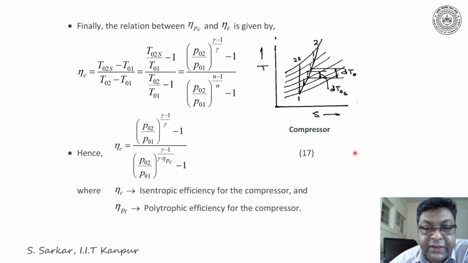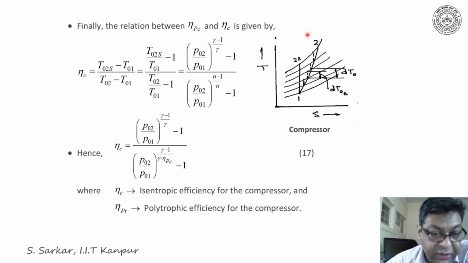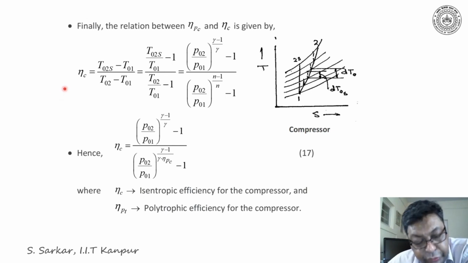After this discussion, I can relate between eta Pc, that is polytropic efficiency, and eta C, that is overall efficiency of the compressor. And thus, how this can be related, let me continue.